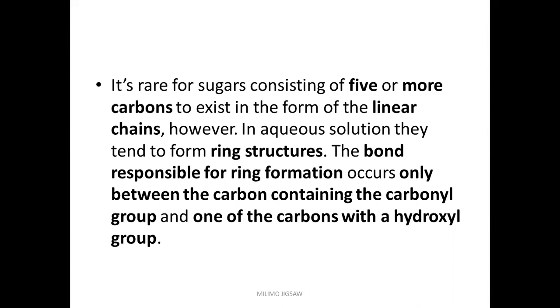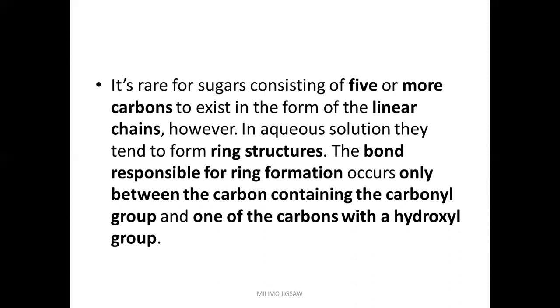So the bond that is responsible for ring formation occurs only between the carbon containing the carbonyl group and one of the carbons with the hydroxyl group. So for the formation of the ring structures, the carbonyl group will participate, and also one of the carbons with the hydroxyl group.